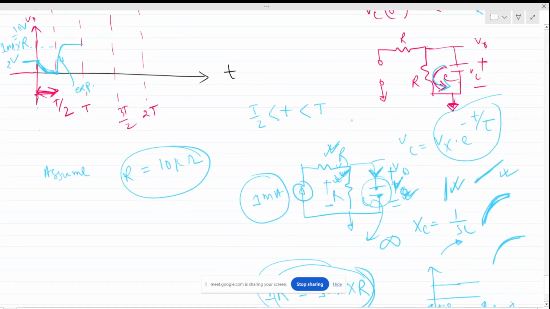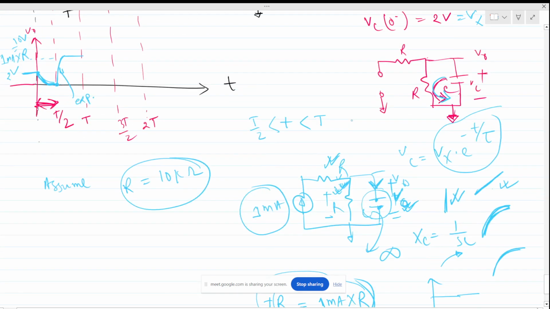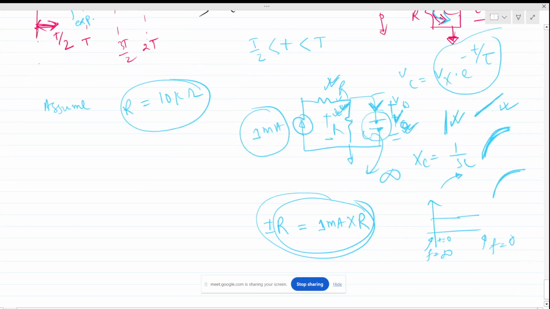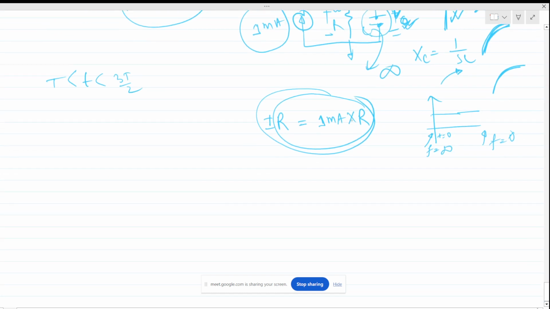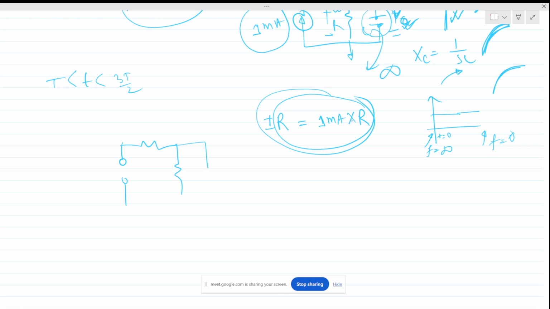Now again from t to 3t by 2, the current source is open circuit because zero current means open circuit, right? Same case will happen, so this capacitor will discharge through this capacitor, right?